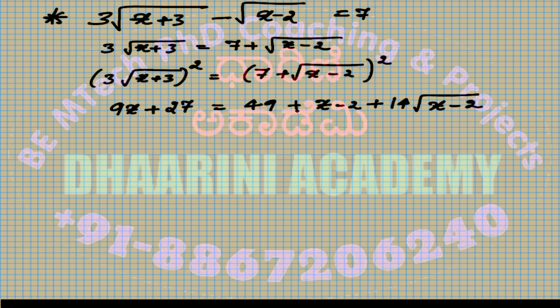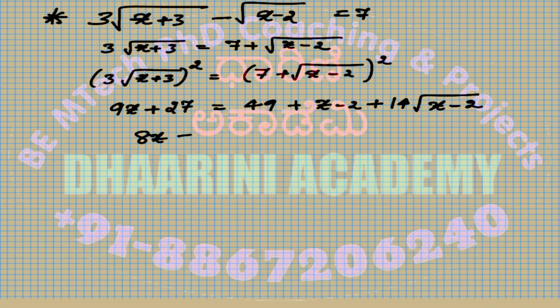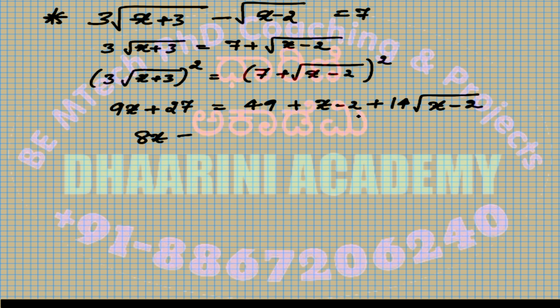So let us try to simplify. So 9x and 1x on the other side, so this becomes 8x. Okay, then we have 27 minus 49, then plus 2. So minus 20. This is negative because 49 plus 2, right, 51. All right.